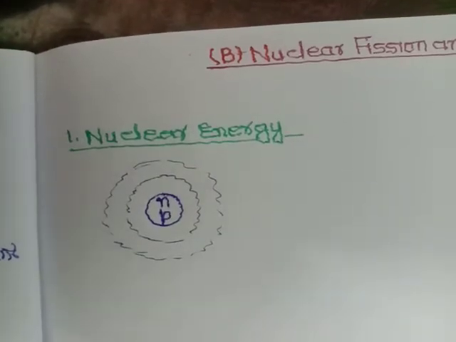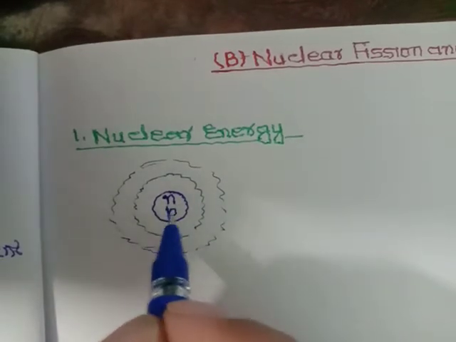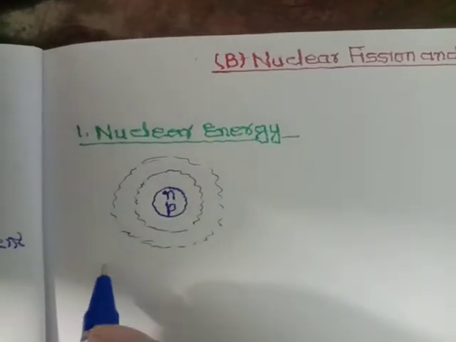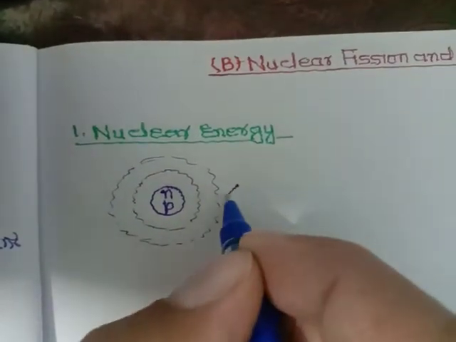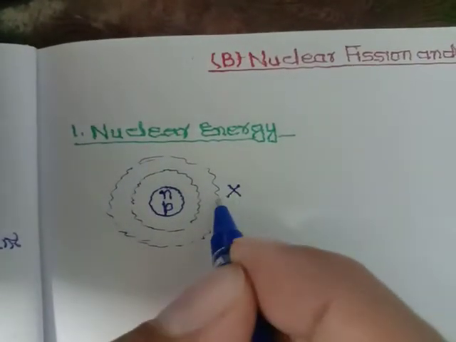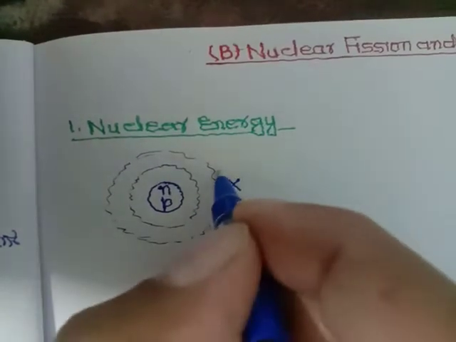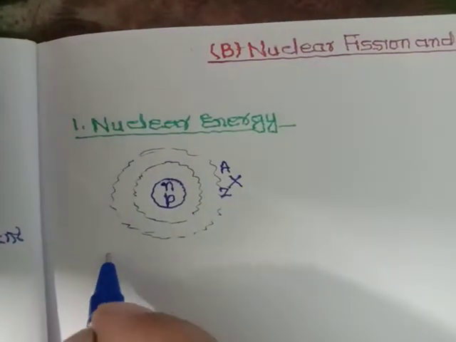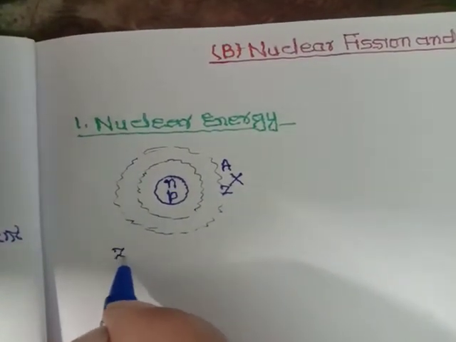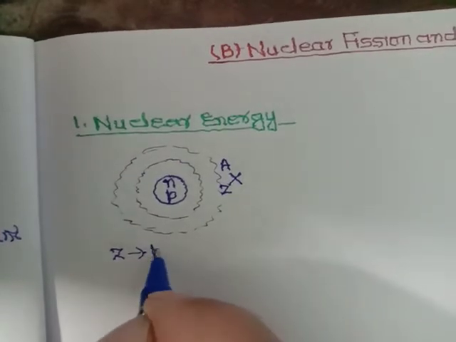So what happens if we add the masses of neutrons? This is an element X which has an atomic number Z and mass number A. It means there are Z protons inside the nucleus.